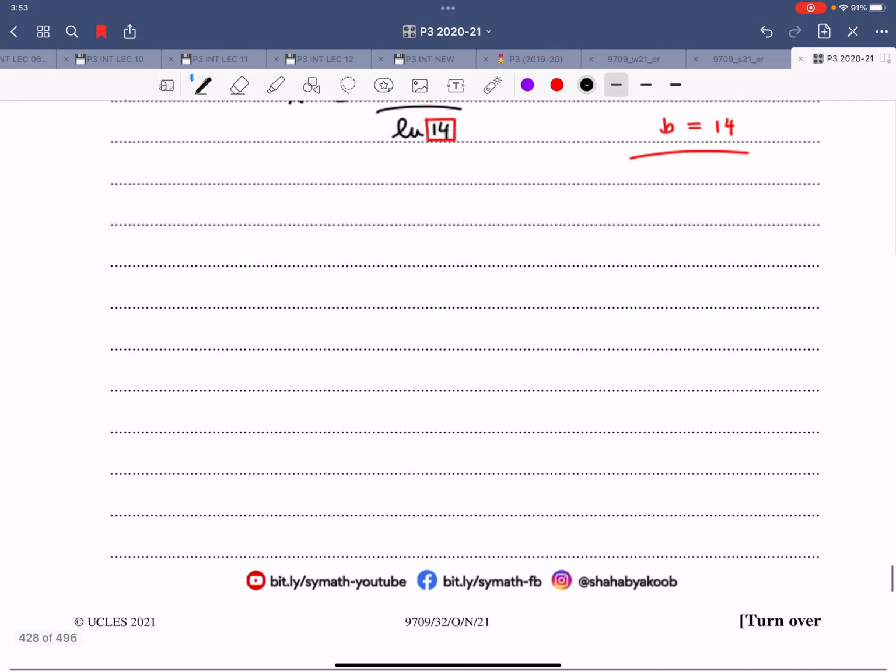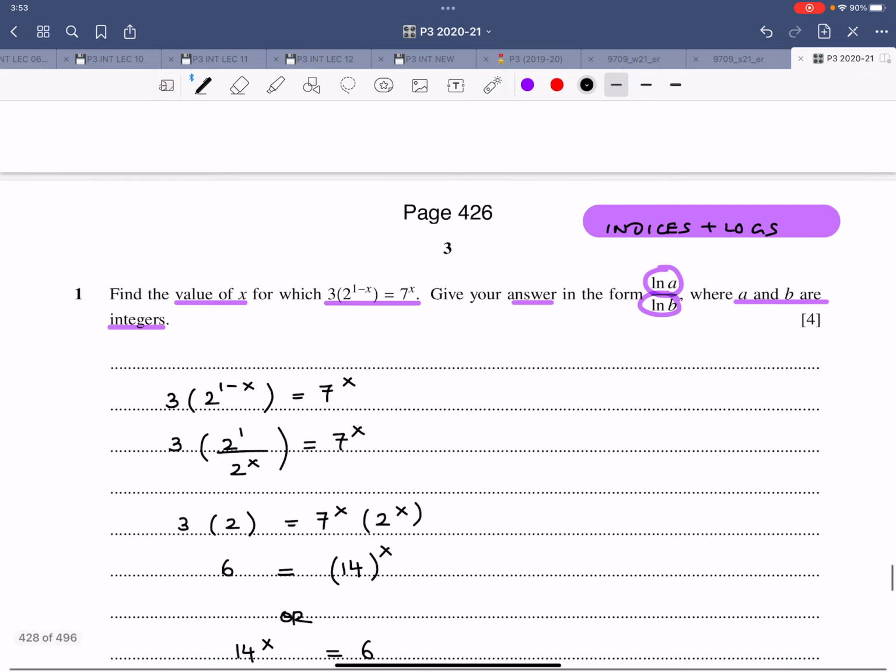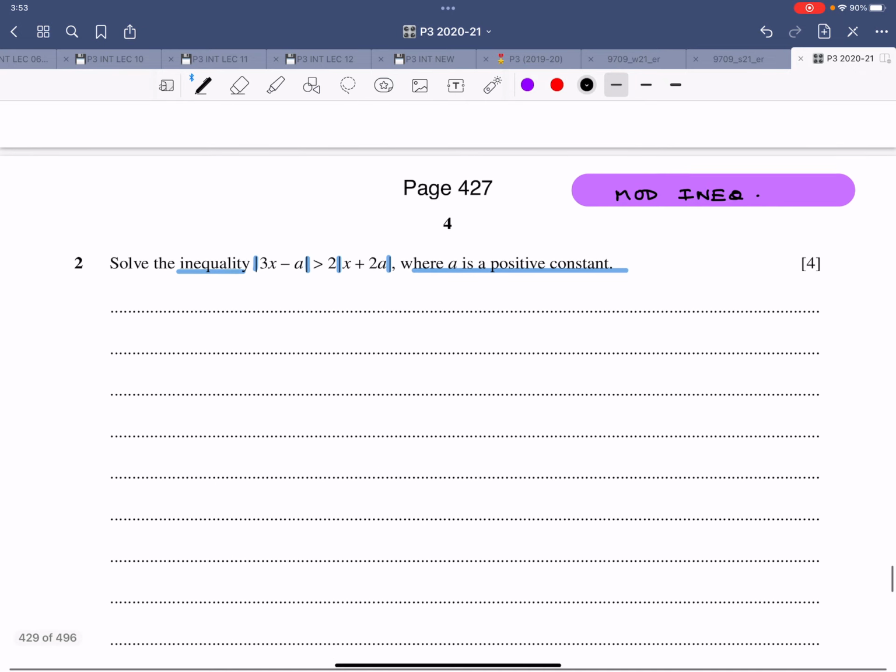And the first question was basically about indices and logs. Now, since you have modulus on both sides, the easiest method is to square both sides. This is according to the order in which I have taught the cases. This is case number 3, square both sides.